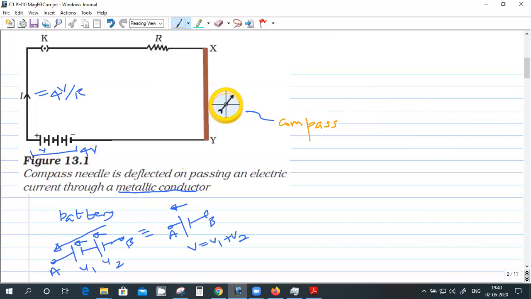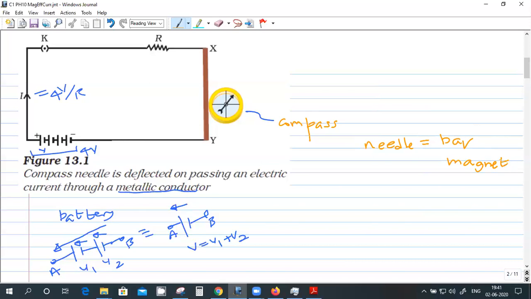Why does it deflect due to a magnetic field? The needle will be made of some sort of material. It's made of some sort of metal, is it?